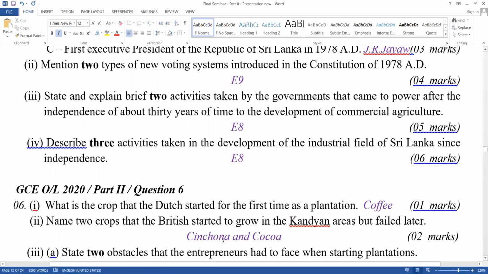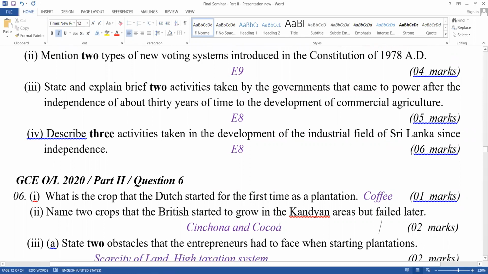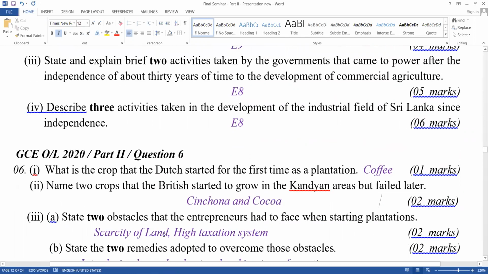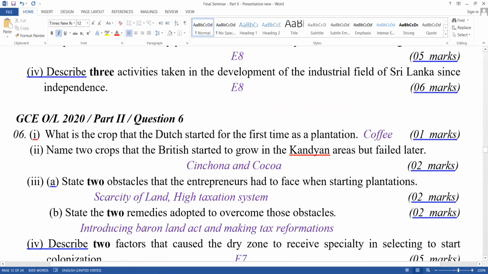State two obstacles that the entrepreneurs had to face when starting plantations in Sri Lanka: scarcity of land. That's why Colebrooke started the land sale policy. High taxation system, so that's why he changed the taxes. So the two remedies: introducing the Barren Land Act and making tax reformations.